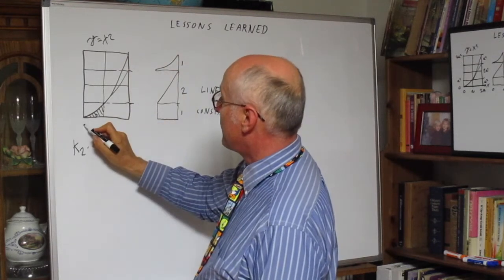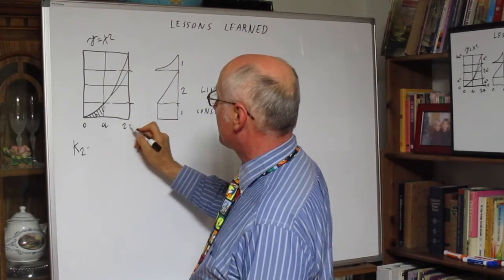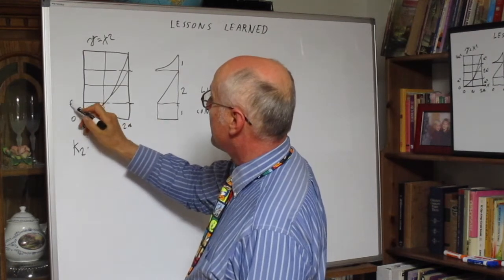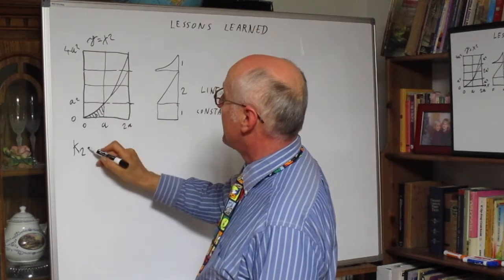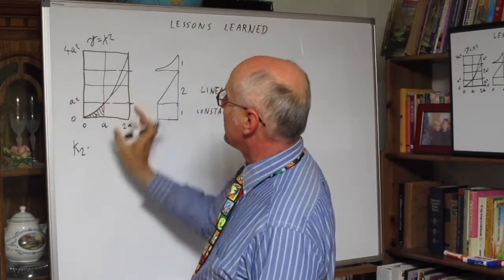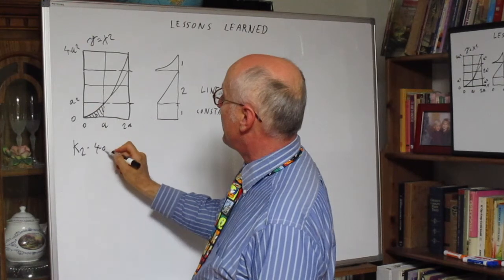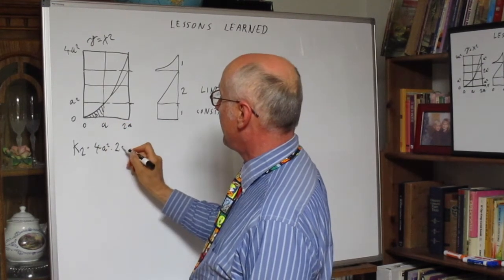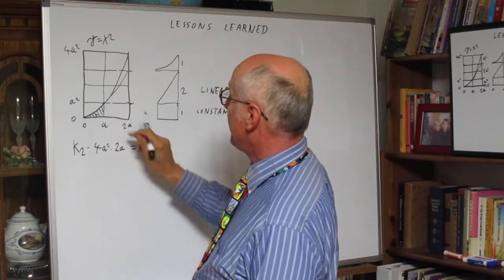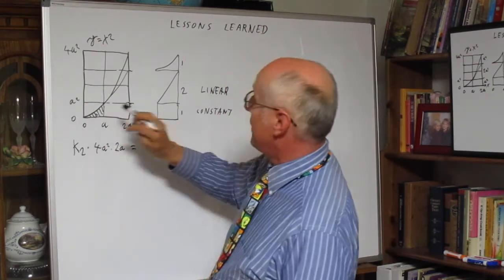Let's say we go from 0 to a to 2a, 0, a squared, 4a squared, right, times height times base, 4a squared times base, 2a. That equals the area of these, right?